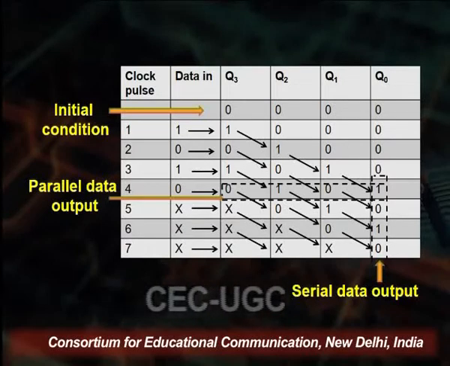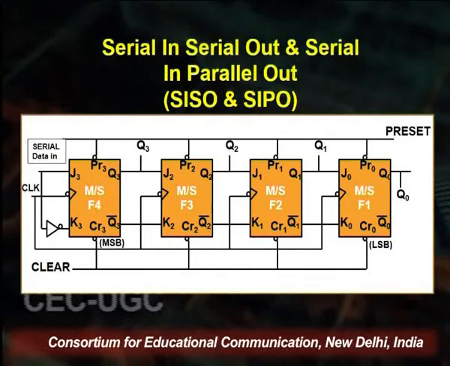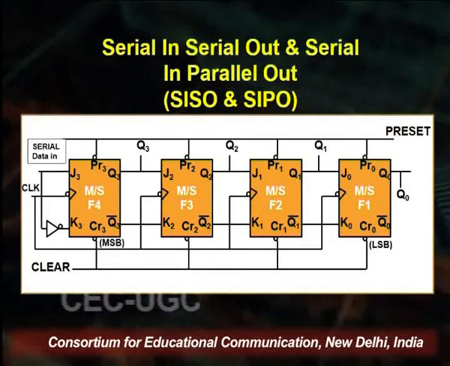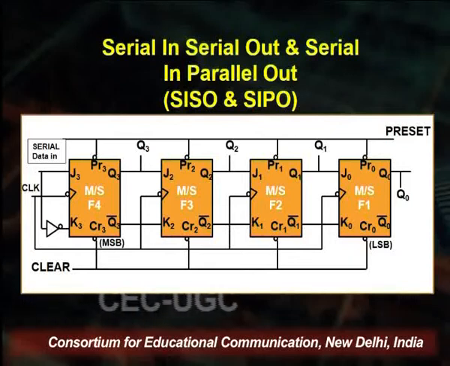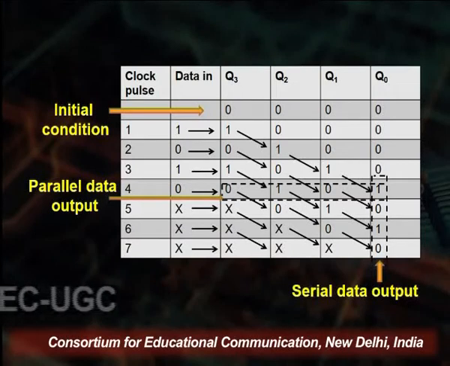The output of the first flip-flop, flip-flop 1, is fed as the input of the next flip-flop. All the flip-flops are in series, that is, the output of the first flip-flop acts as the input of the next flip-flop. Hence, as this table shows, the data shifts one state to the next flip-flop.